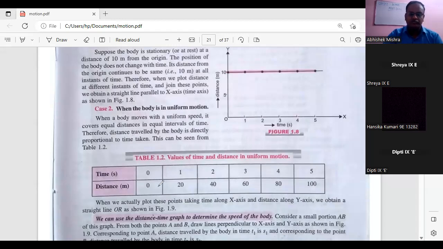When the time is 0, the distance is also 0. When the time is 1 second, distance covered is 20 meter. When the time is 2 seconds, the distance covered is 40 meter. When the time is 3 seconds, distance covered is 60, and so on.